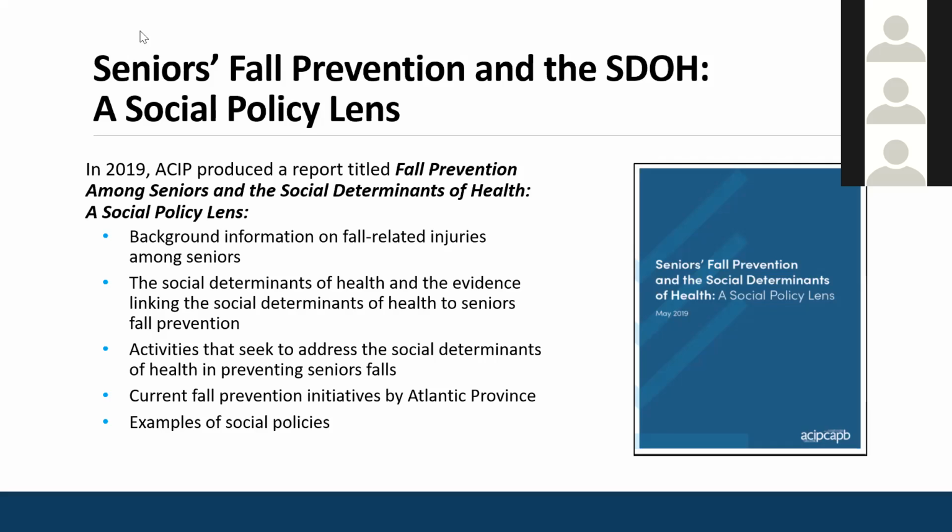So our goal is really not to provide a sense of prescriptive action, but rather just bring awareness to this lens that could be used to help fall prevention efforts moving forward. So ACIP developed that report in 2019.